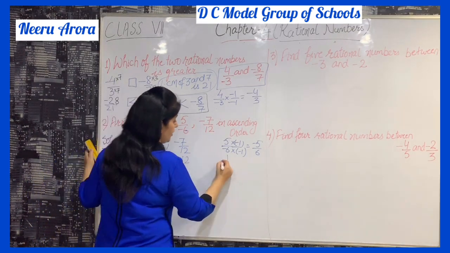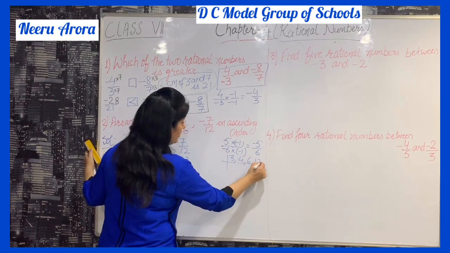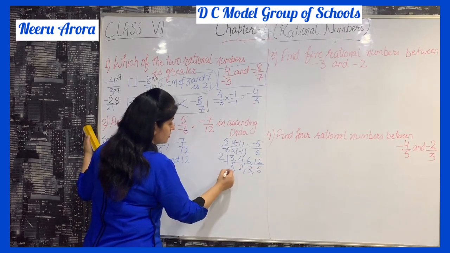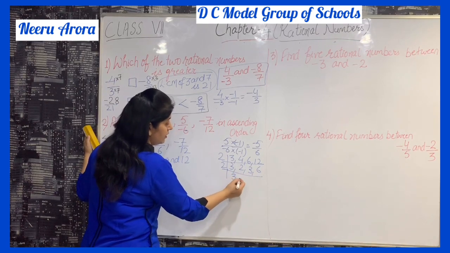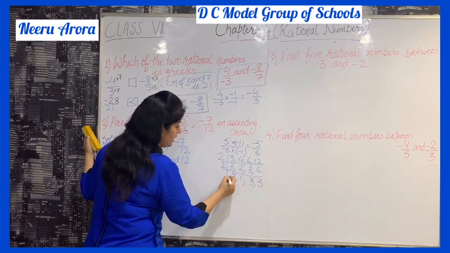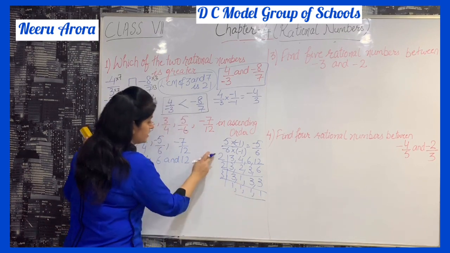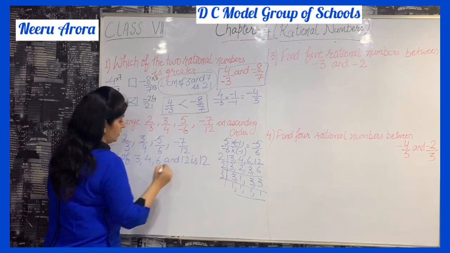Now take the LCM of these positive denominators, the LCM of 3, 4, 6 and 12. First it will go on 2, here comes 6. Now again two numbers are divisible by 2. Here comes 3. So what comes here? 1, 1. So the LCM is 2 2s are 4, 4 3s are 12. So the LCM is 12.